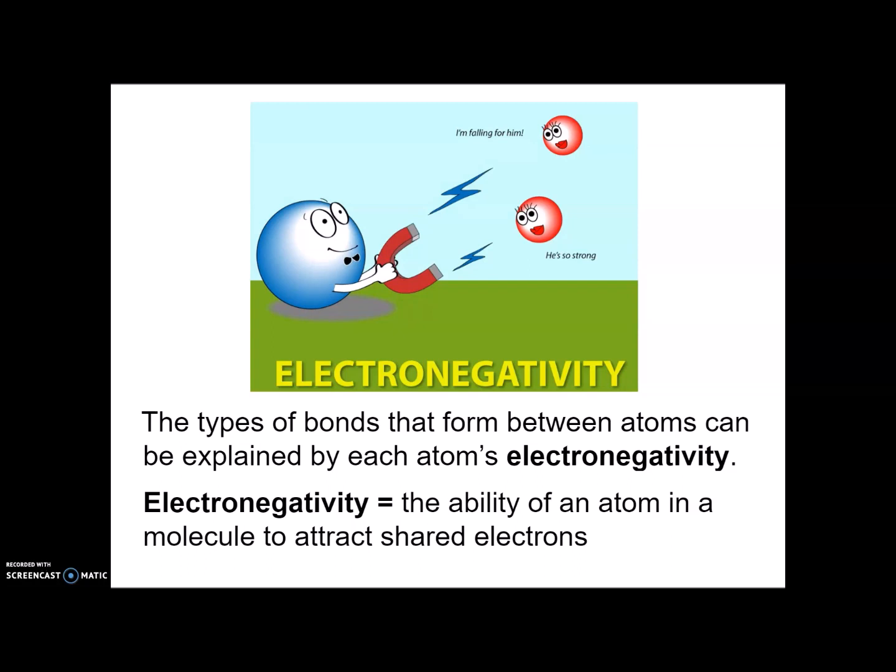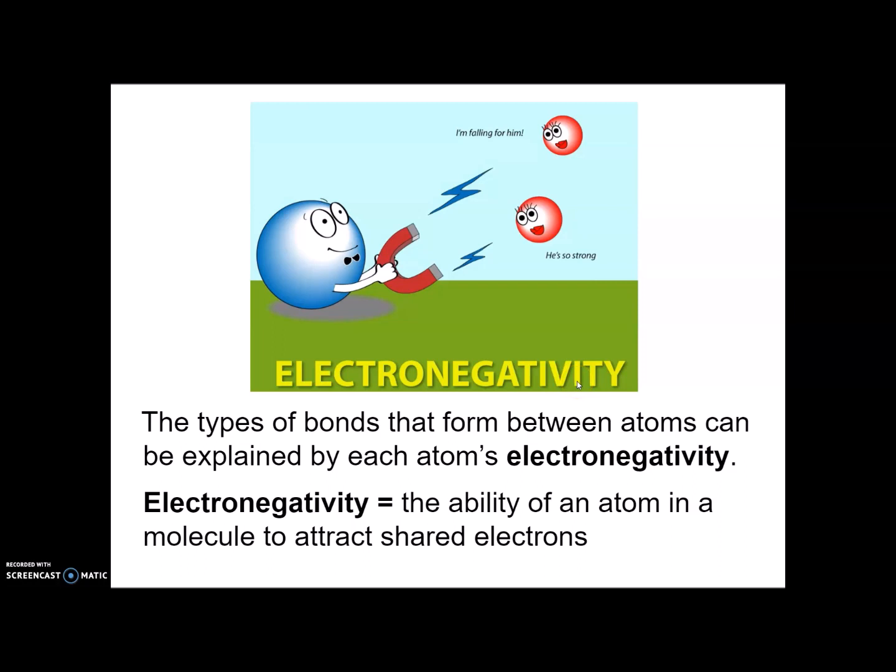The ability of an atom in a bond or a molecule to attract shared electrons. In the picture here, they're showing an atom, and these are the electrons that are smaller than the atom, of course, and it's as if the atom is exerting a magnetic force of attraction.